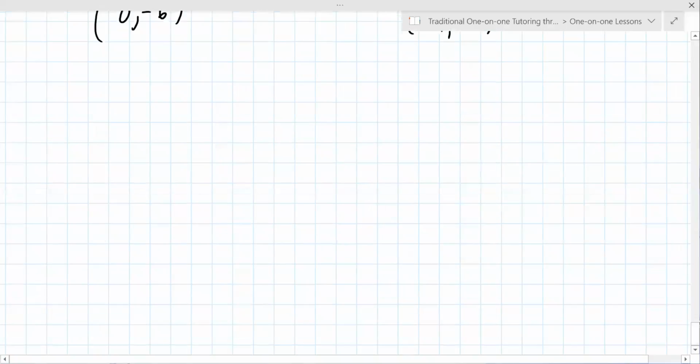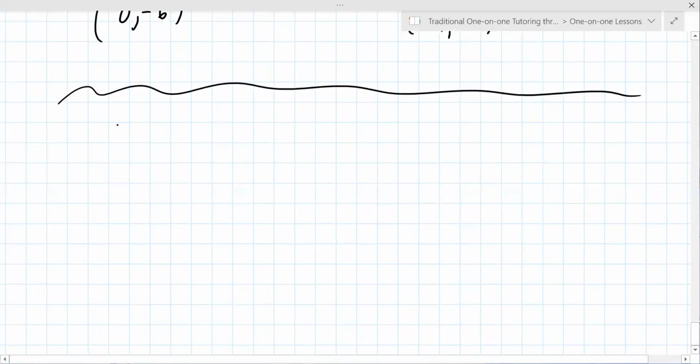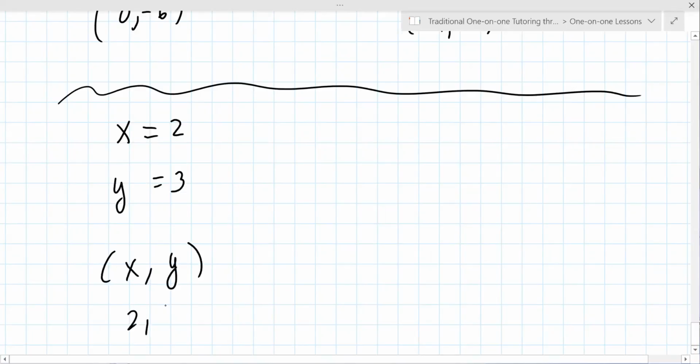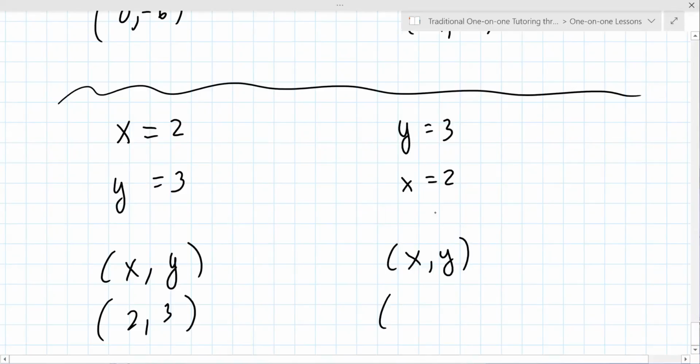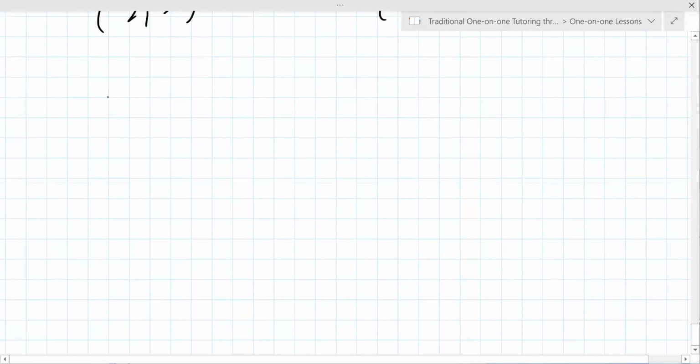Here's what I think you're asking, and you can tell me if I'm wrong. If I tell you X is 2 and Y is 3, the ordered pair is X comma Y, which is 2 comma 3. Do you agree with that? But if I tell you Y is 3 and X is 2, the ordered pair is still X comma Y, which is 2 comma 3. Yeah, I think that's exactly what I'm asking. So let's say I tell you X is 10 and Y is 8.